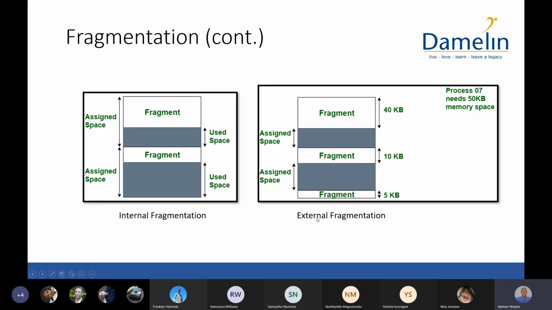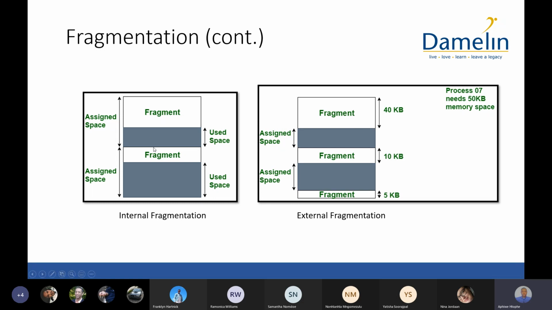External fragmentation occurs when there is enough space in the memory to run a process, but that space is in non-contiguous frames.